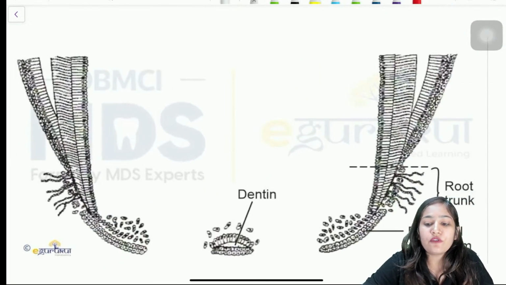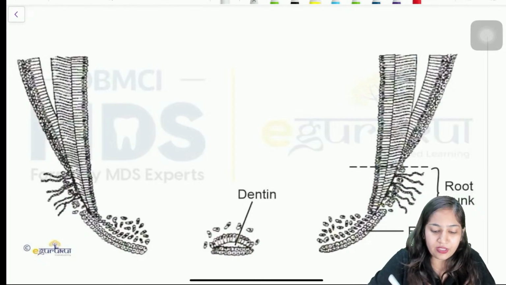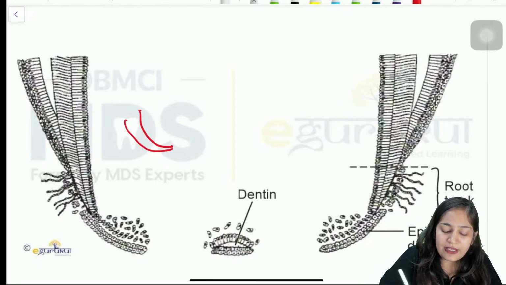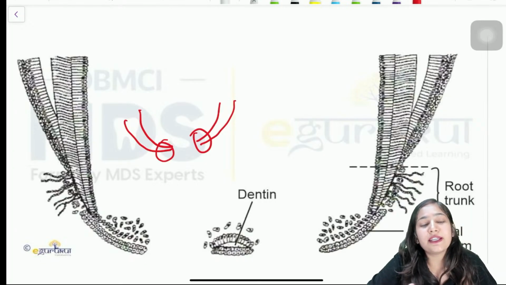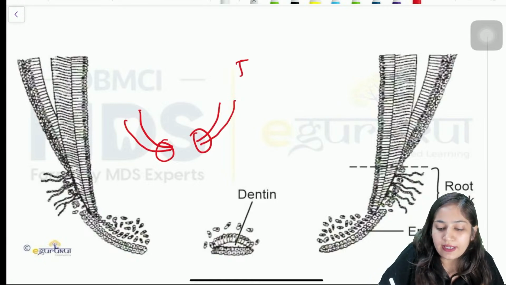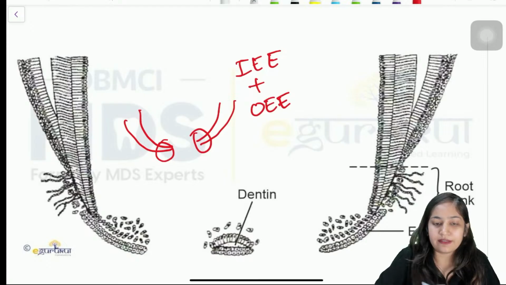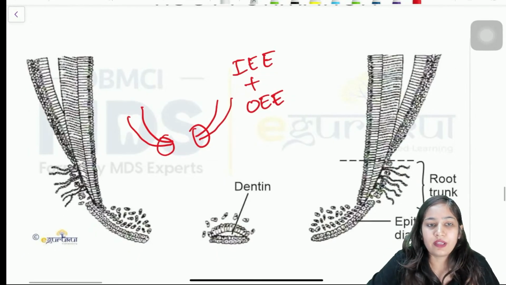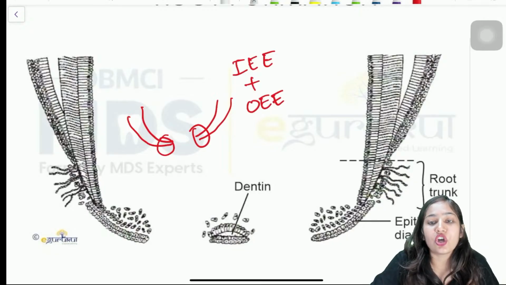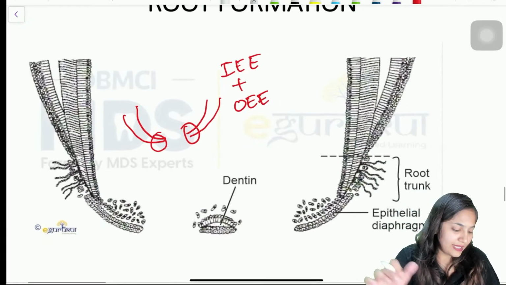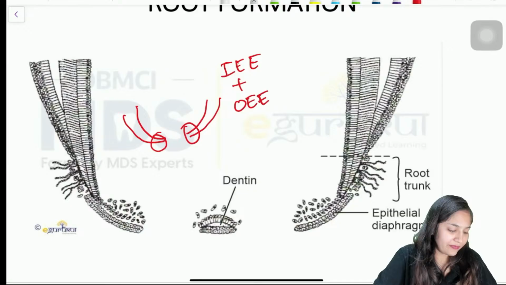what is involved in root formation? We have already discussed. Cervical portion of enamel organ, that was cervical loop. Cervical loop was having which layers? Only two layers, inner enamel epithelium and outer enamel epithelium, right? This cervical loop cells proliferate, leading to the formation of HERS.